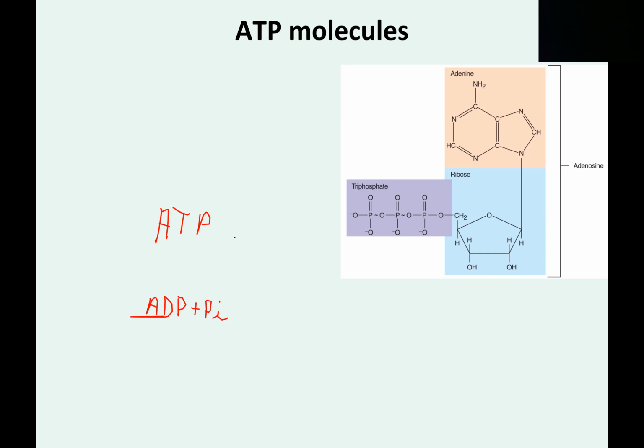So it's a cycle. You're going to do a curved arrow and another curved arrow. Now, to finish this off, ATP with an enzyme will break off one phosphate group. When we do that, we release energy.